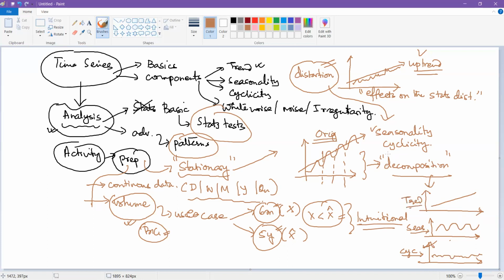So in this decomposition activity, what I'm doing is that I'm breaking my original time series into three different time series, so that by getting these different graphs, now I will be able to perform different operations on them. For example, if you see, this is a straight line and I should be able to do regression or related operations on this line.